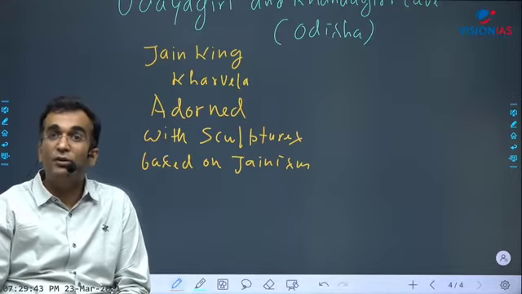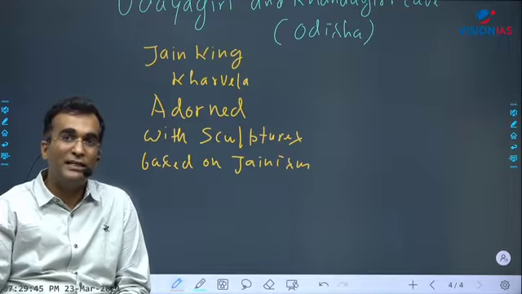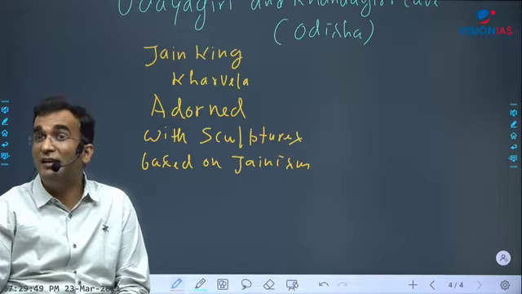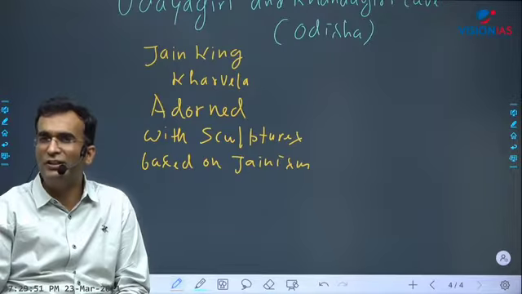Then there is one more aspect of this one. These caves not only boast Jaina sculpture, but they also have sculptures related to one of the classical dance forms of India. And you know which classical dance form from Odisha? Odissi.